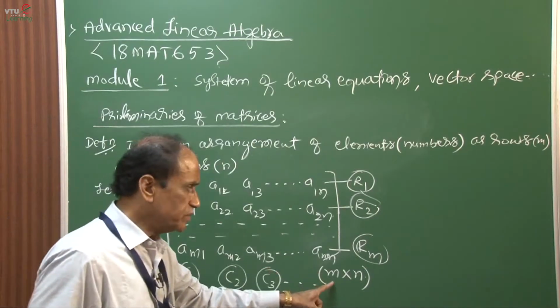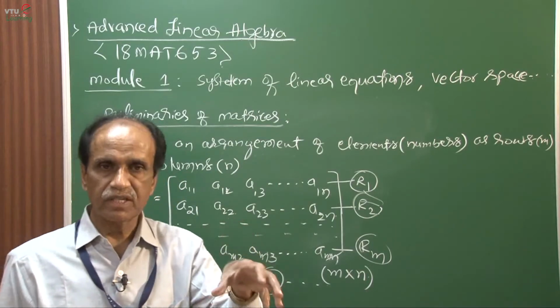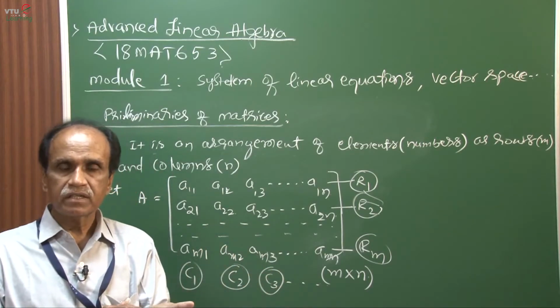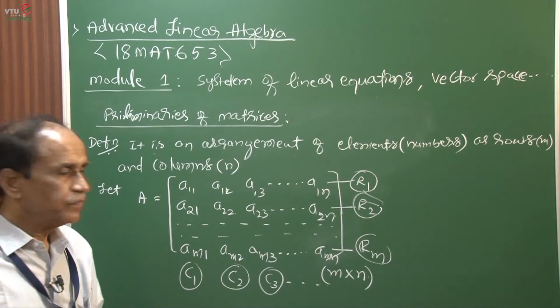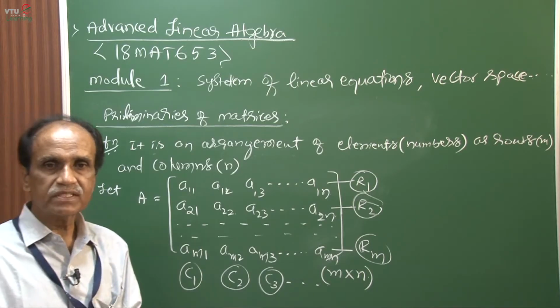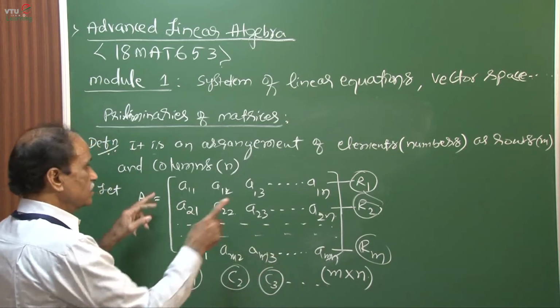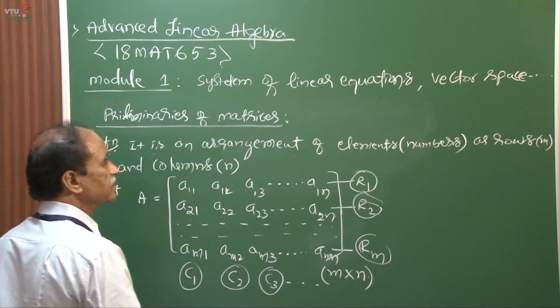So M cross N is always taken for a particular matrix. That means it may be M equal to N, M less than N, M greater than N, or M not equal to N. All these possible cases we discuss with the general matrix. A matrix with square brackets is one way of representing it.